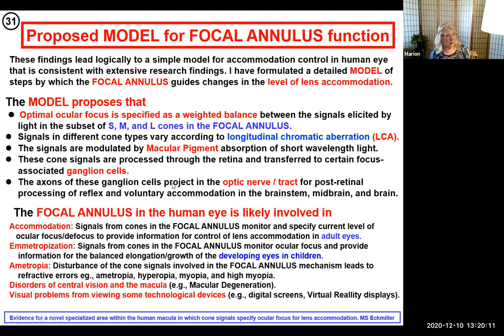And the axons of these ganglion cells project in the optic nerve and tract for post-retinal processing of reflex and voluntary accommodation in the brainstem, midbrain, and brain. So the focal annulus in the human eye is likely involved in controlling accommodation in adult eyes.